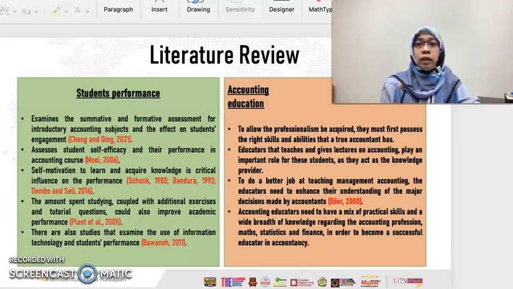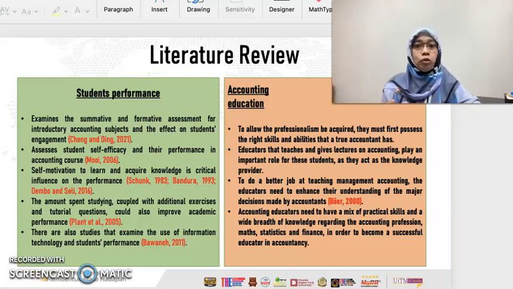Therefore, the students must first possess the right skills and ability so that they can be equipped and prepared to be future accountants. The educators or lecturers in accounting play an important role for these students because they act as the knowledge provider.